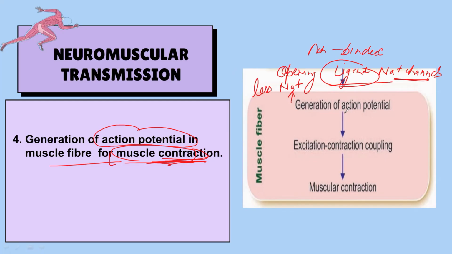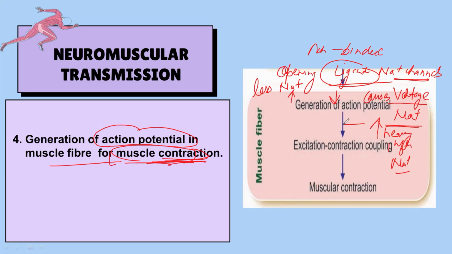And this graded potential, or motor end plate potential, finally causes opening of voltage-gated sodium channels. These voltage-gated sodium channels are large in number and cause heavy influx of sodium.